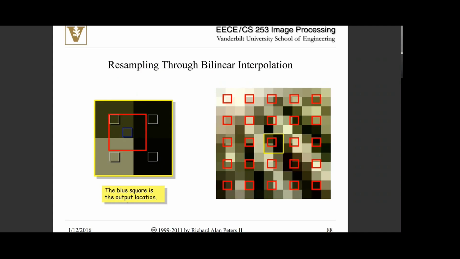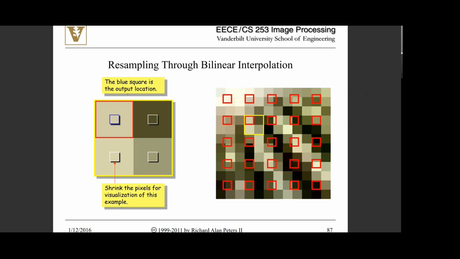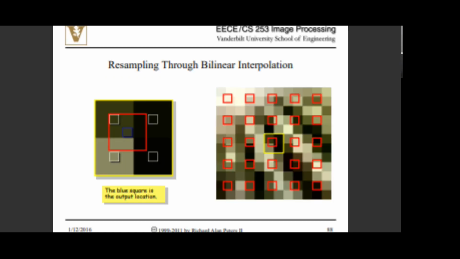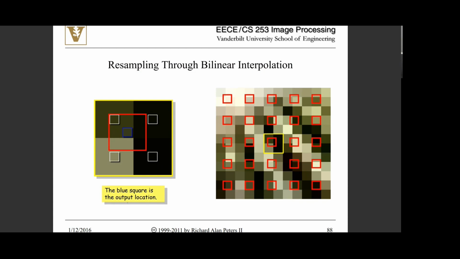Now let's move to there. So here it happens that the pixel value that we need, that is this red one, is one of the pixel values that we have at the input. So we simply copy it. We don't have to interpolate anything. But now we move to the next one, and we need the value there, but we don't have it. All we have is these white values here.